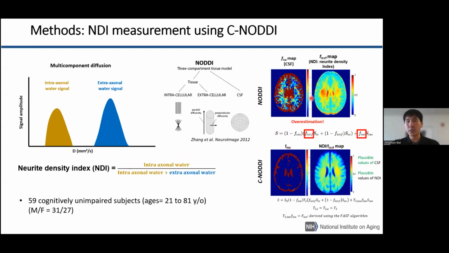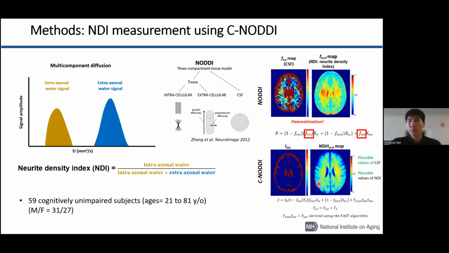Therefore, we developed a constrained version of NODI called cNODI, where we adopted the fraction of CSF water from the FSL toolbox and constrained the optimization for the rest of the parameters. As shown here in the bottom right, now we see the NDI values that are more plausible to the physiological values.